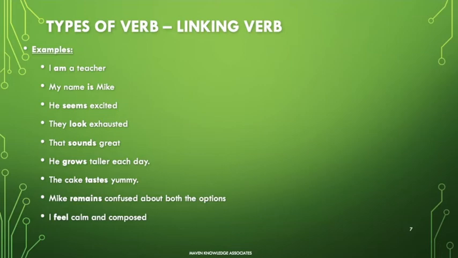So name is linked to Mike. He seemed excited. So seems is linking he, which is a noun, with excited. Excited is an adjective. Same with they look exhausted. They is linked to exhausted. Okay, so that's how linking verbs work.